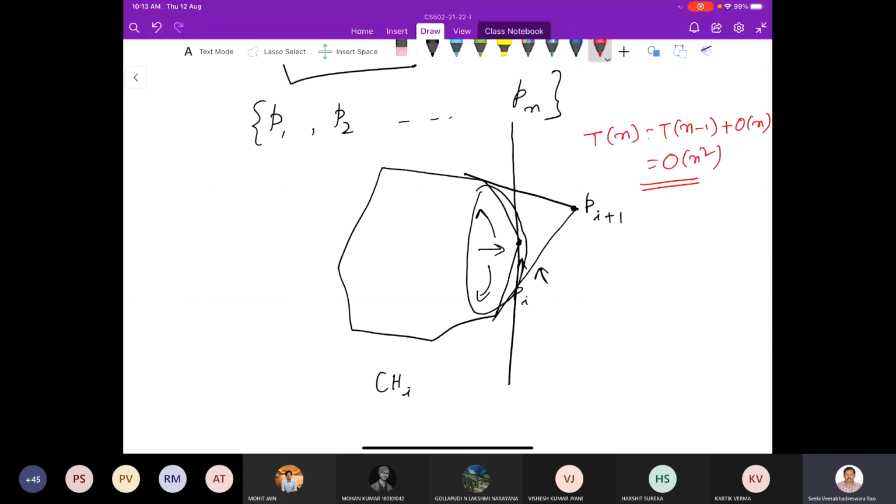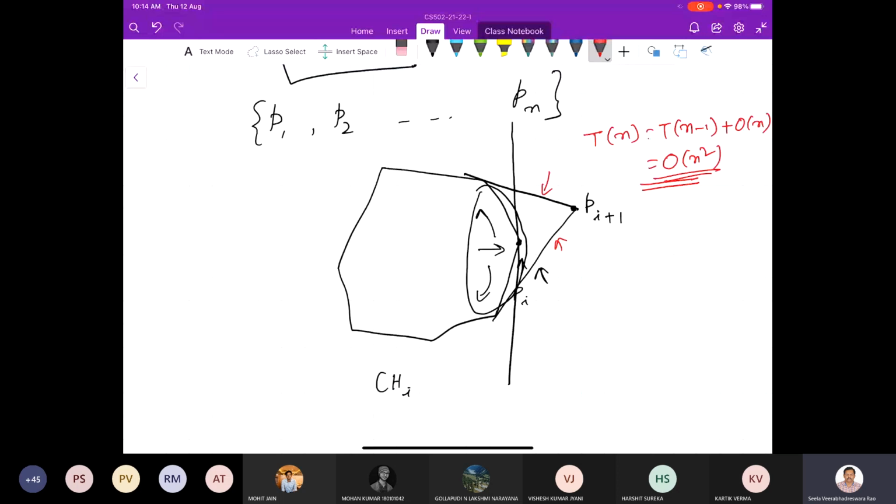The step of checking whether the point lies inside the current convex polygon is gone, because the next point is always on the right side of the current convex polygon, so it is always outside. Now we have to find these two tangents. It is the same procedure, there is no change, and again we are getting order n square. We are not getting any improvement.